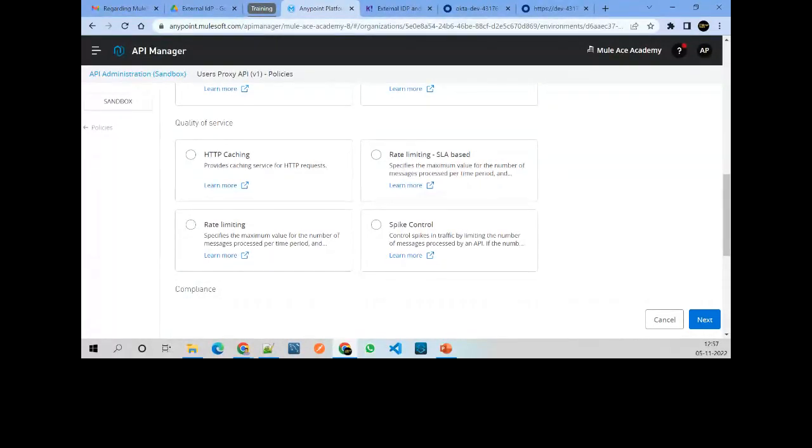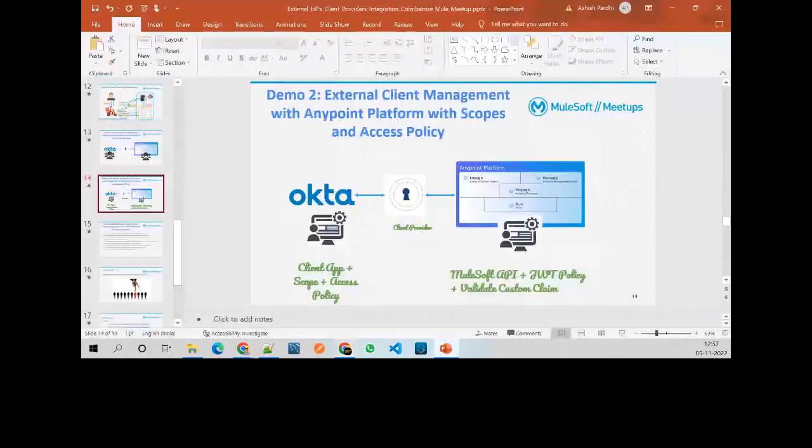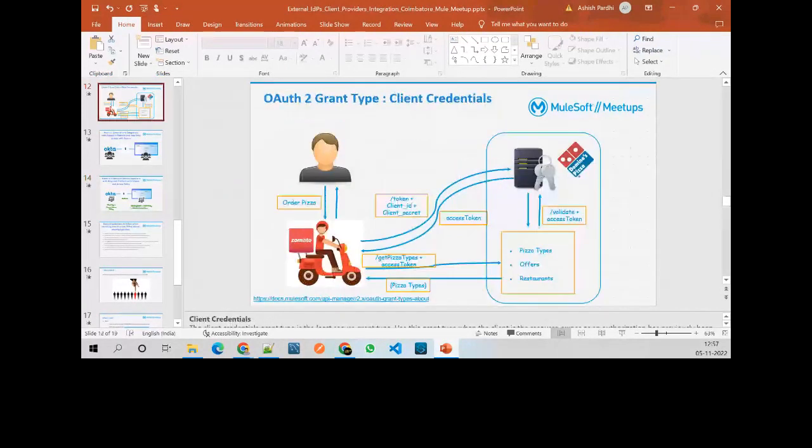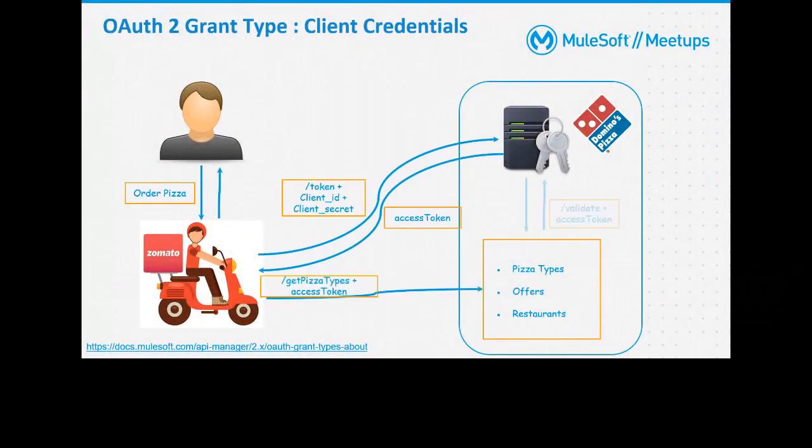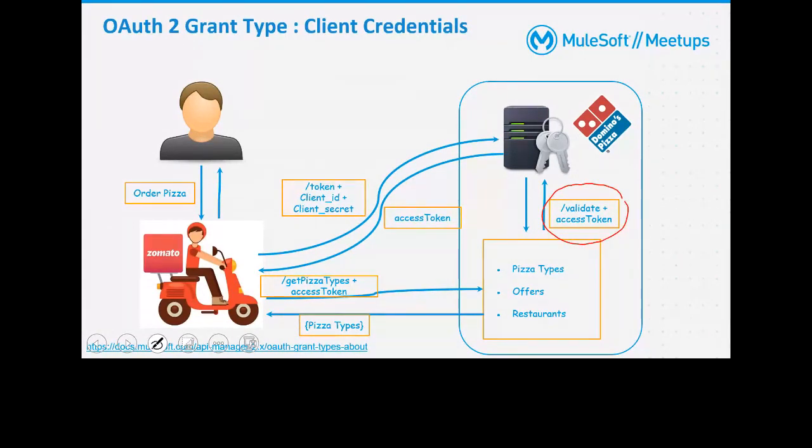If I go back to my presentation, here, if you take this example, see in this area, right? If for every call, when you say get pizza type, you are going to call validate URL every time, this is what is done by that OAuth policy.